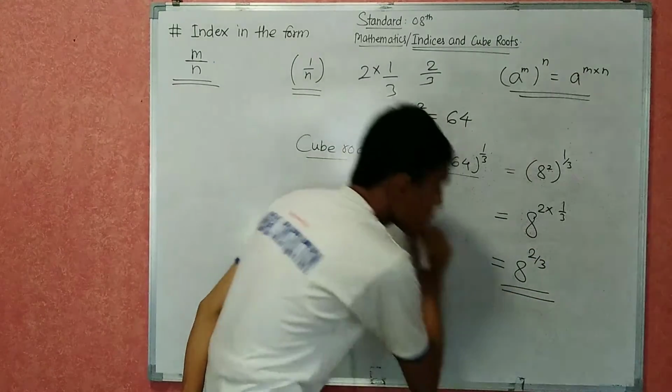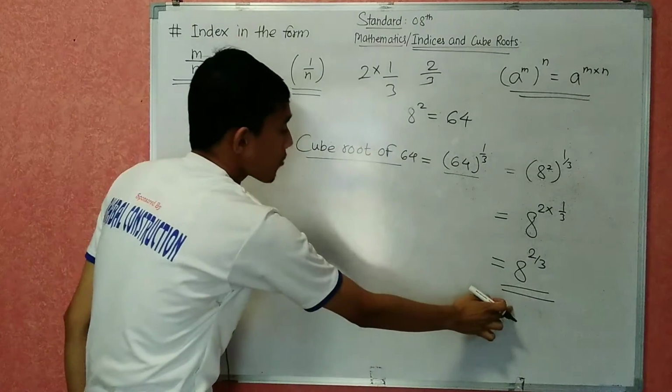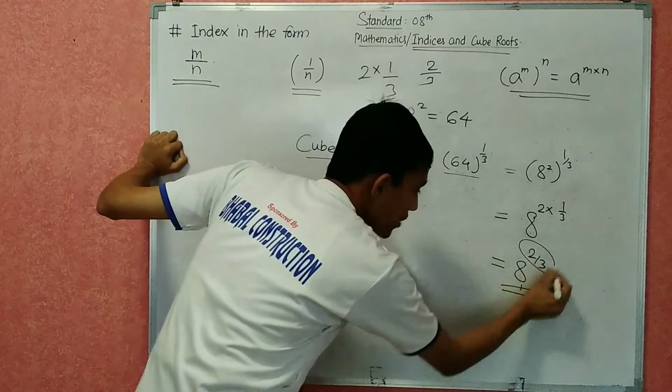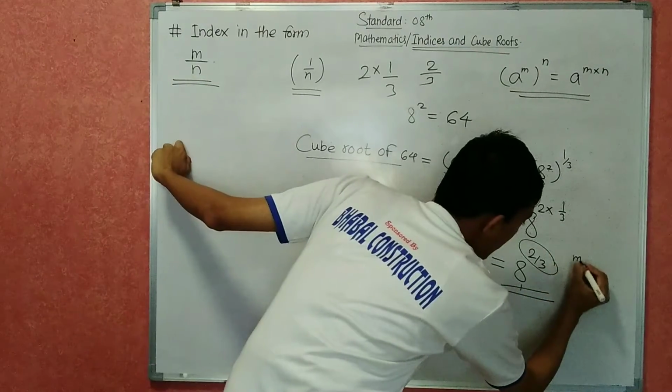Now in this index form number, you can see that the base is simple 8, but the power, the index, is in the form of m by n.